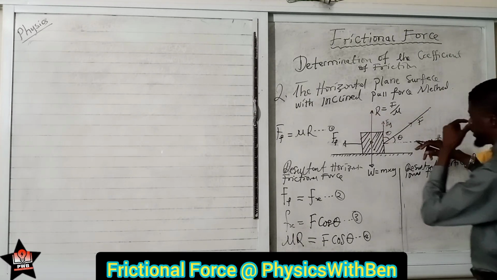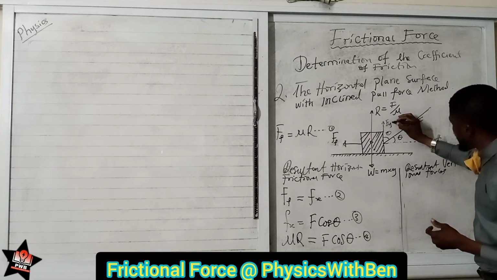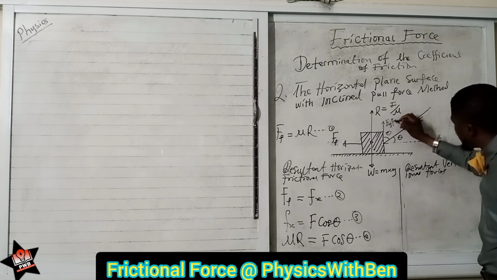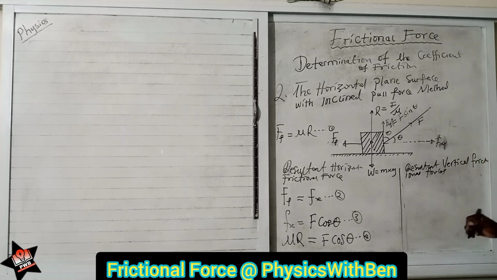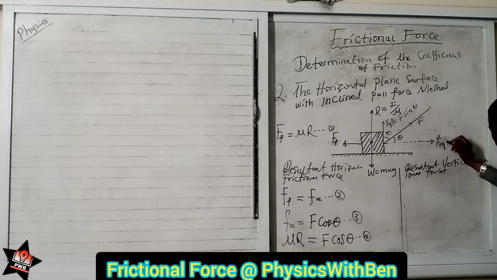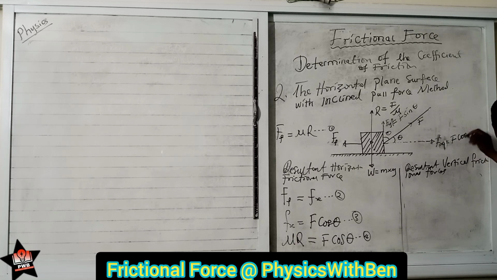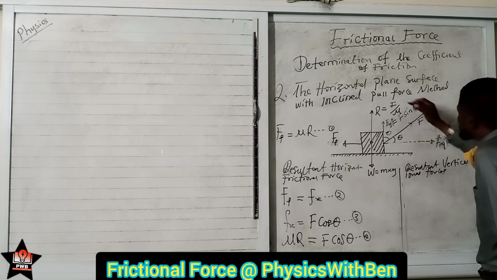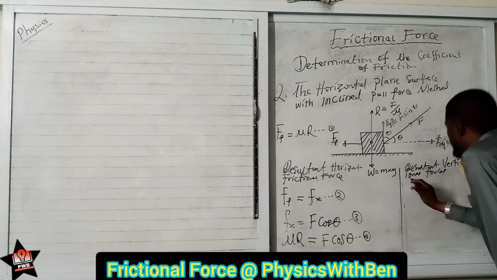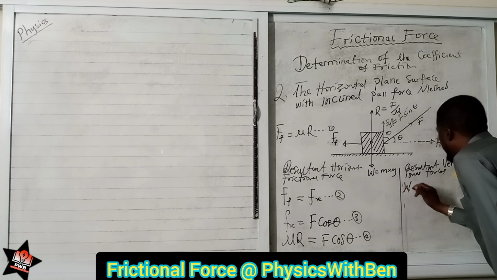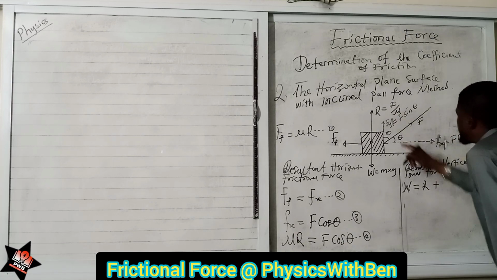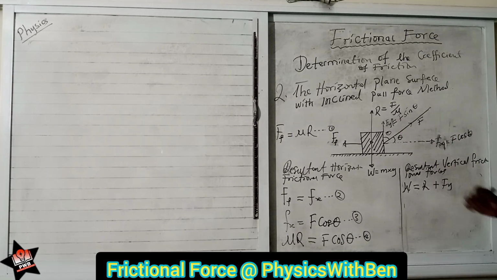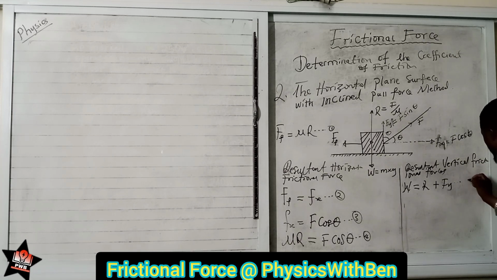We have the normal reaction, we have the Fy, and this Fy is the same thing as what? F sin theta, and Fx is the same thing as what? F cos theta. So the downward weight is equal to the normal reaction plus Fy. We can call this equation number 5.